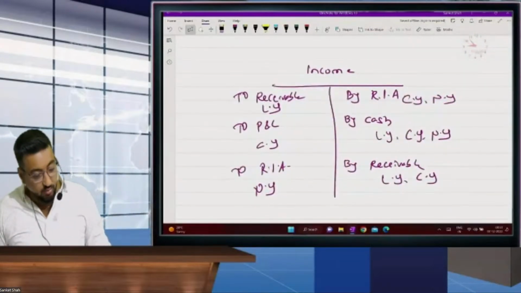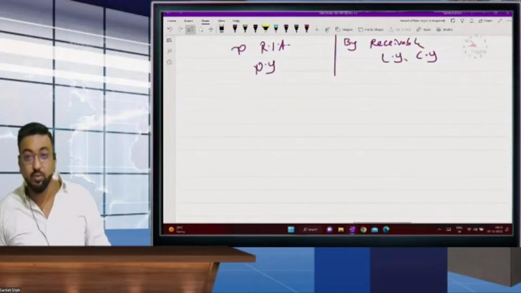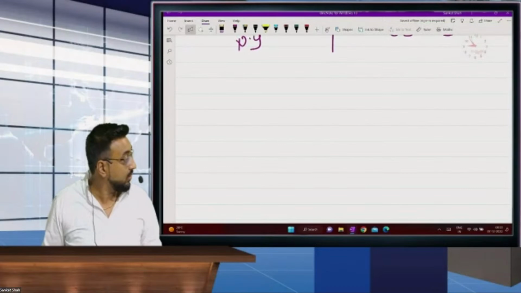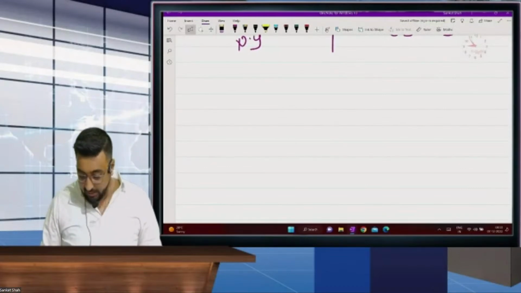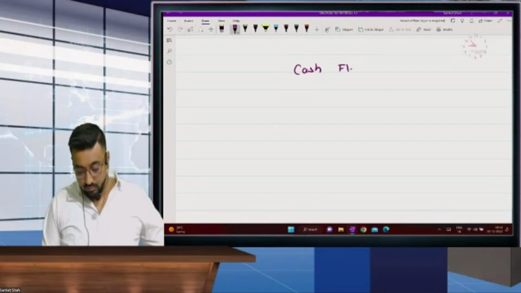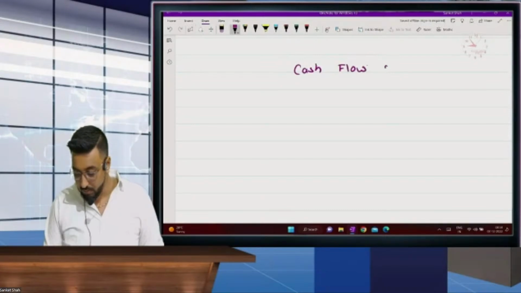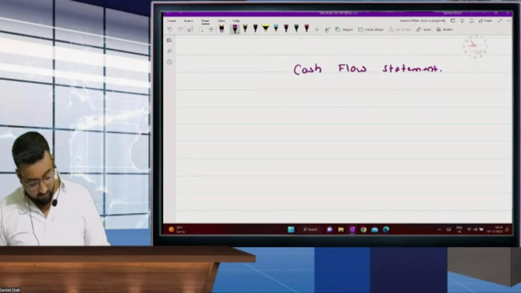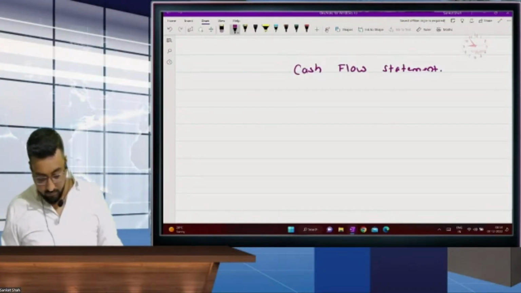So now let's move to next concept, cash flow statement, direct versus indirect. Cash flow statement. Okay.